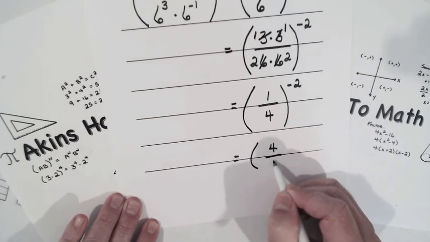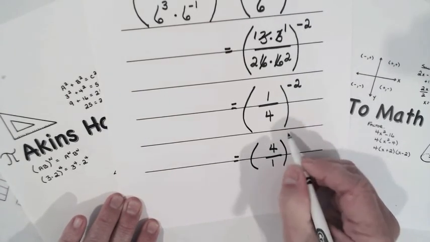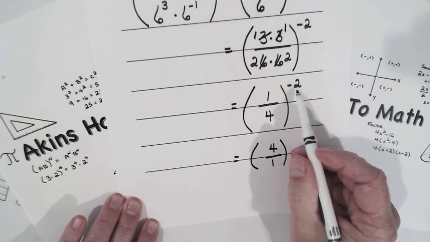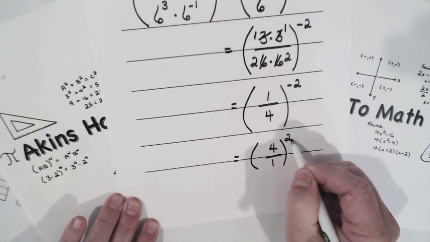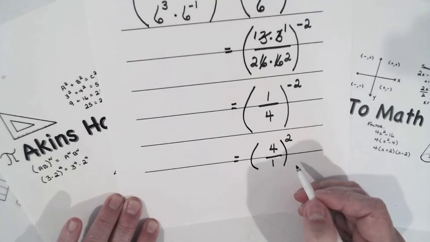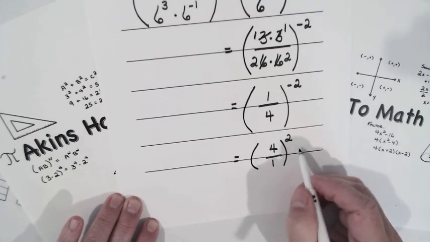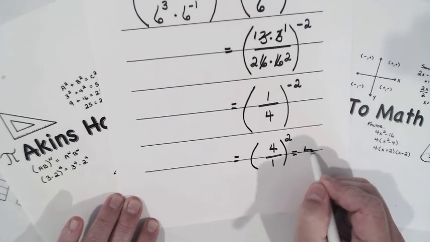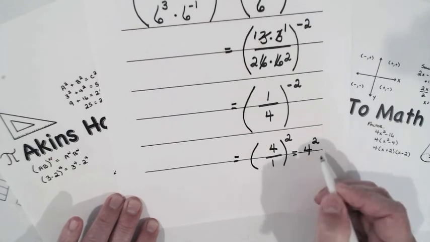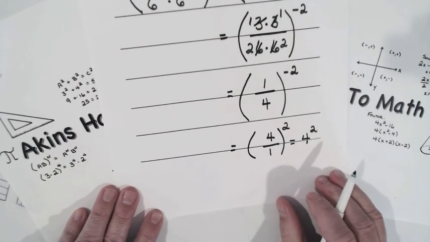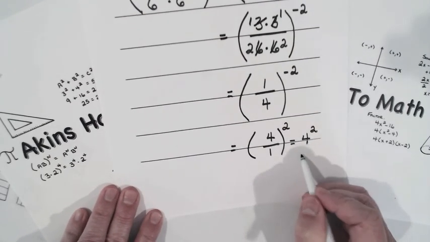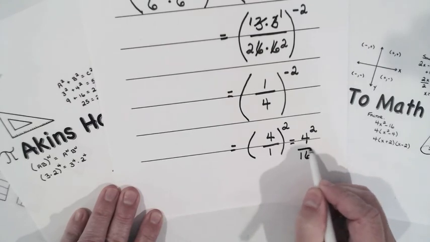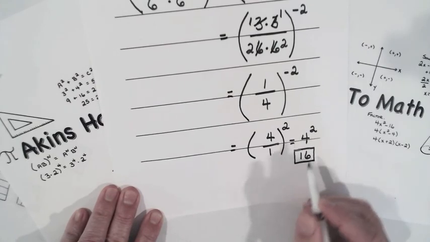Four divided by 1 now. And once I flip it, this exponent changes to a positive exponent. 4 divided by 1 is 4 now to the second power. 4 to the second power is 4 times 4. You should get 16 as your answer to number 3.